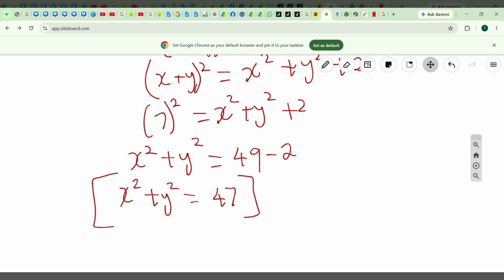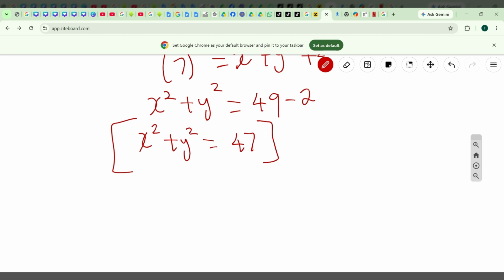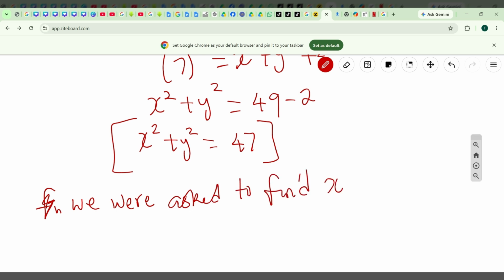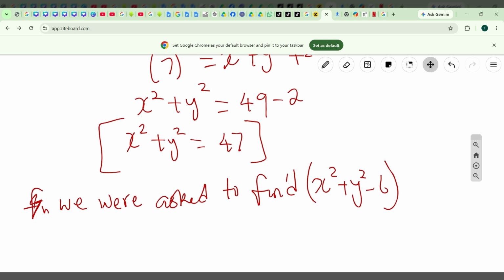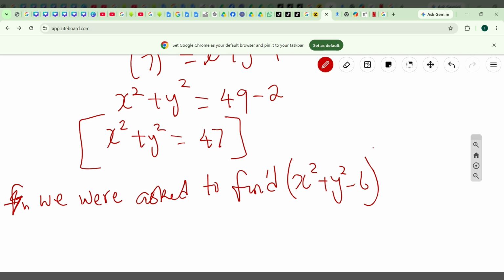Now remember the whole question, what we're asked to do. We're given some parameters and then we're asked to find x squared plus y squared minus 6 to the power of cos squared x minus sine squared x.